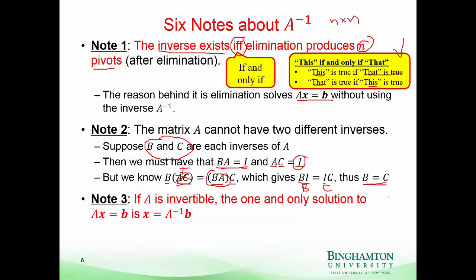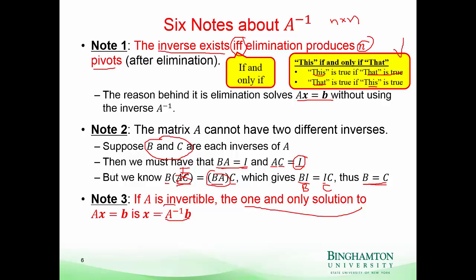Okay, note number 3. If A is invertible, the one and only solution to our AX equals B is X equals A inverse times B. So the one and only solution. The one means there is a solution, so it's solvable, and it's unique. There isn't any other solution.